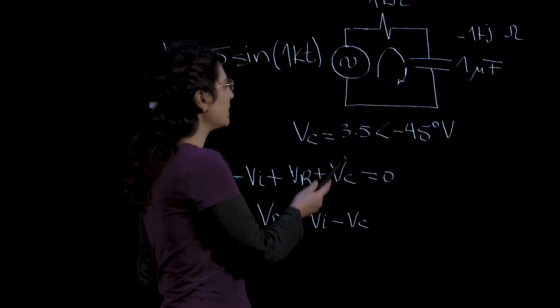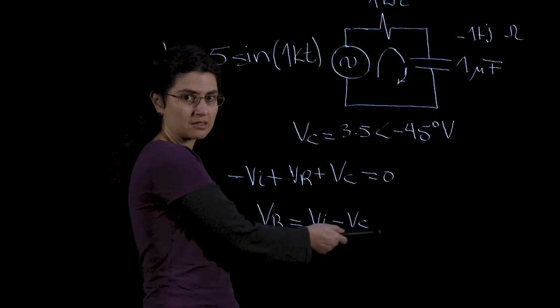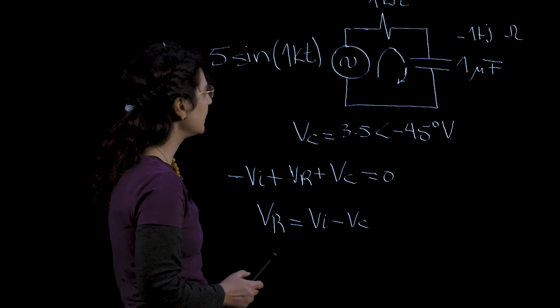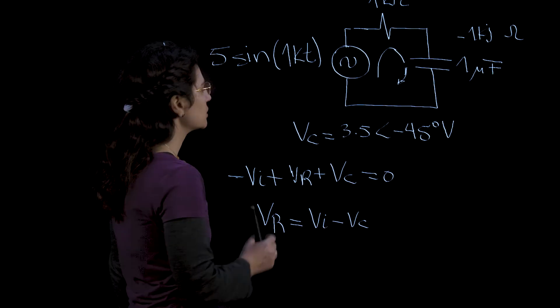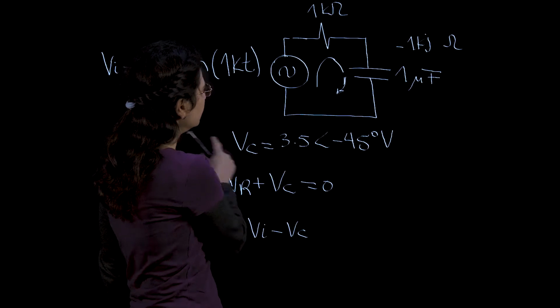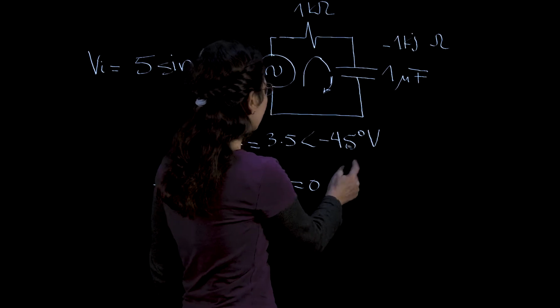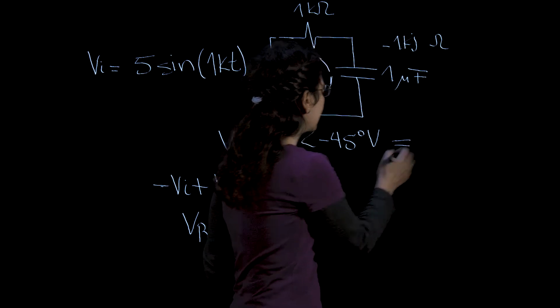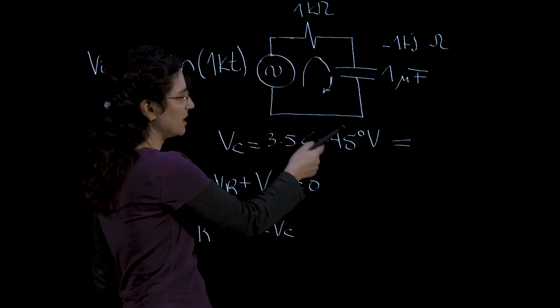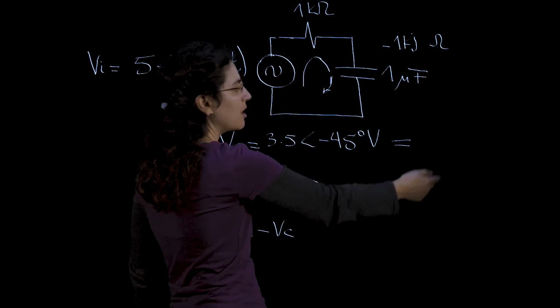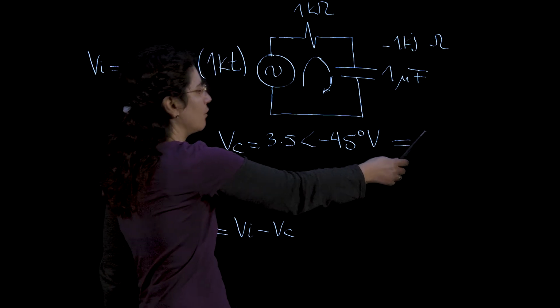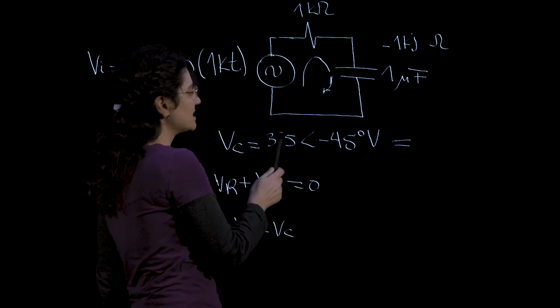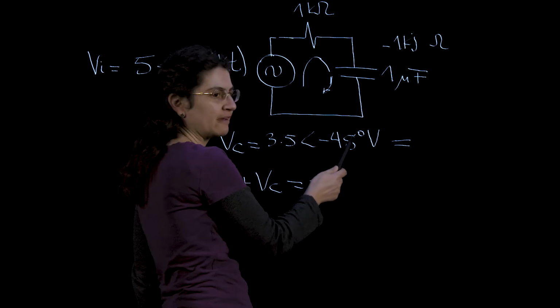Now, in order to be able to subtract complex numbers, we need to have them in Cartesian form. So we can calculate this. In this case, this is my magnitude and the phase. So the real part of my number would be the magnitude times the cosine of my phase.